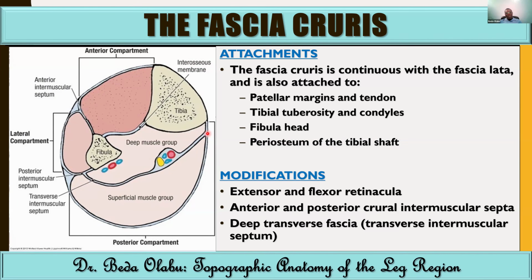Now, these attachments are worth noting so that if somebody is going to manage surgically compartment syndromes of the leg, then you know where to make the incision that is appropriate to relieve a particular compartment. For example, if you are to relieve a deep posterior compartment syndrome, then your option can only be that point of incision to relieve pressure here.